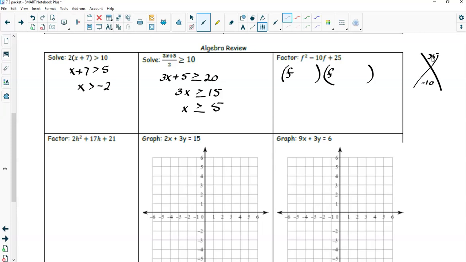In order for this to be positive, they both have to be positive or they both have to be negative. However, this one must be negative, so they both have to be negative. Negative 5 times negative 5 is positive 25, while negative 5 and negative 5 is negative 10. So that means f minus 5, f minus 5. So that is f minus 5 squared.